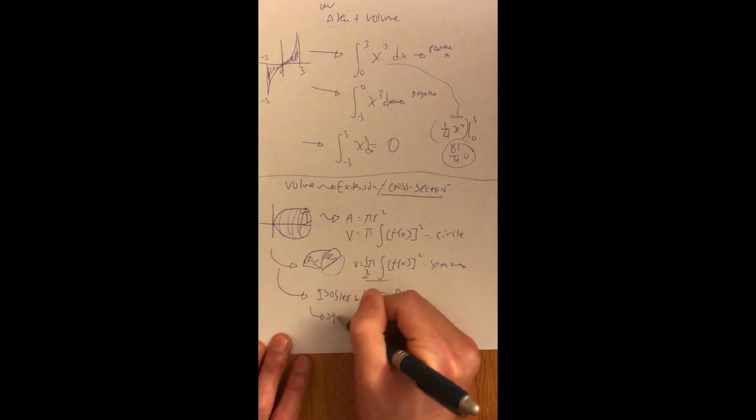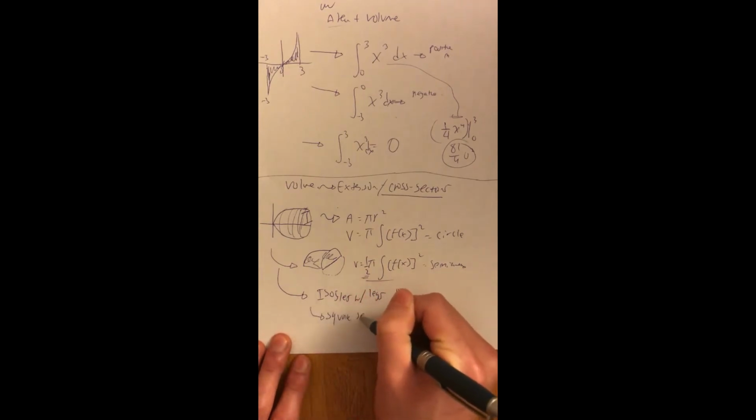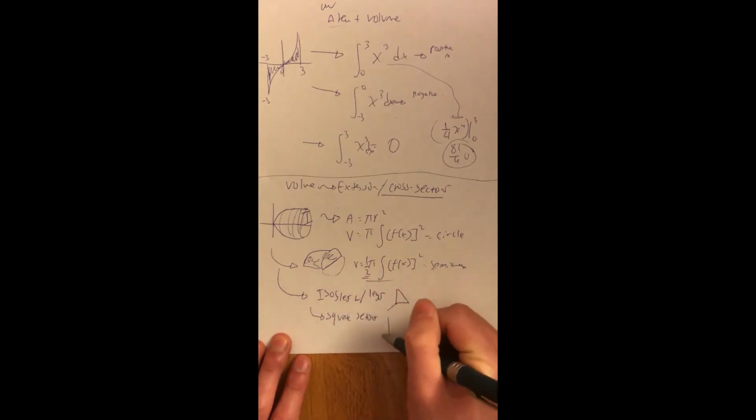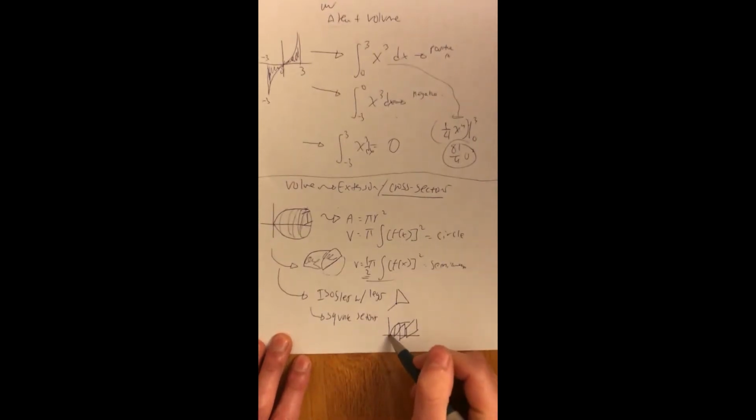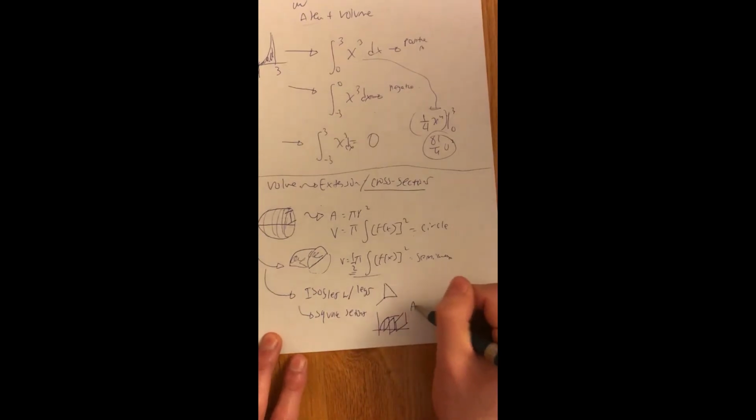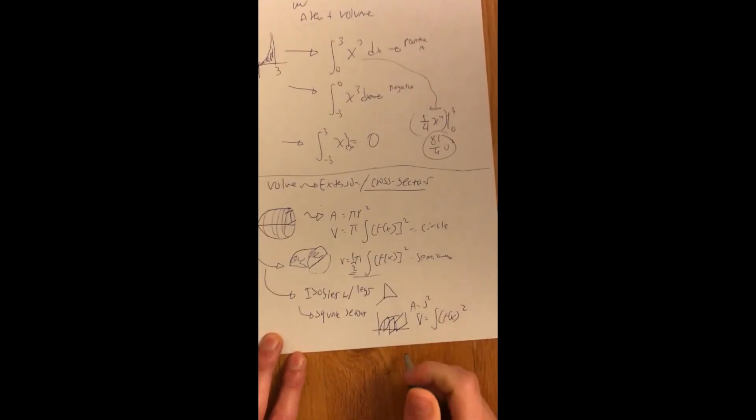If we had square sections, if you consider a square, that would kind of look like that. All these infinite square cross sections perpendicular, I really can't draw that well. What is the area of a square? Side squared, so the volume would just be the integral of f of x squared. So square is actually the simplest to do.